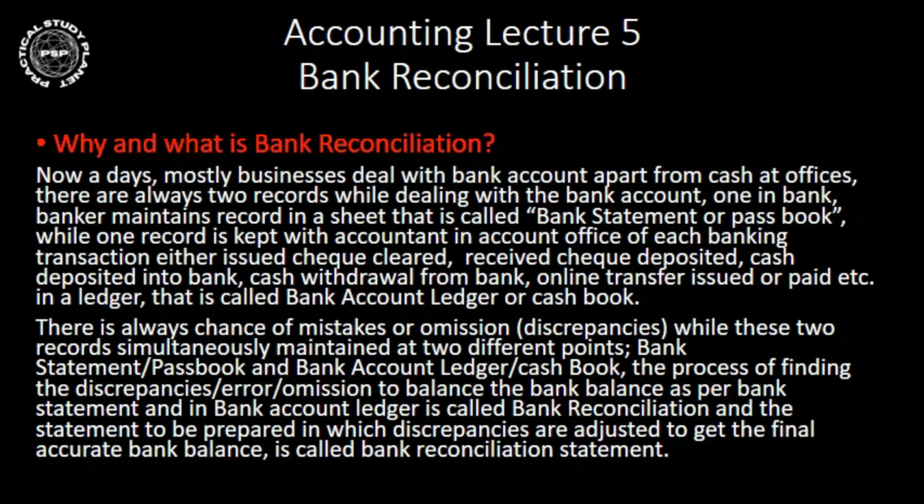The process of finding the discrepancies, errors, and omissions to balance the bank balance as per bank statement and in the bank account ledger is called bank reconciliation, and the statement prepared in which discrepancies are adjusted to get the final accurate bank balance is called the bank reconciliation statement.